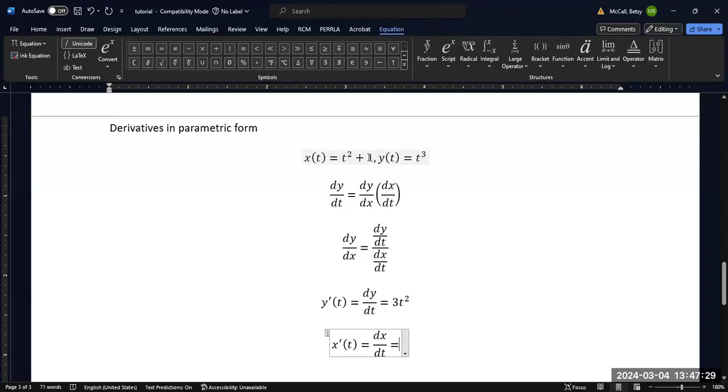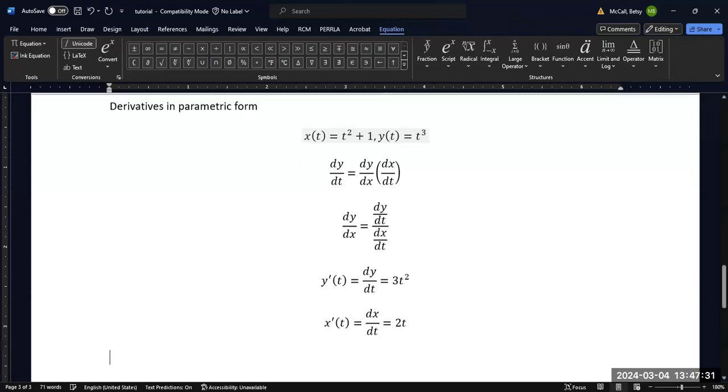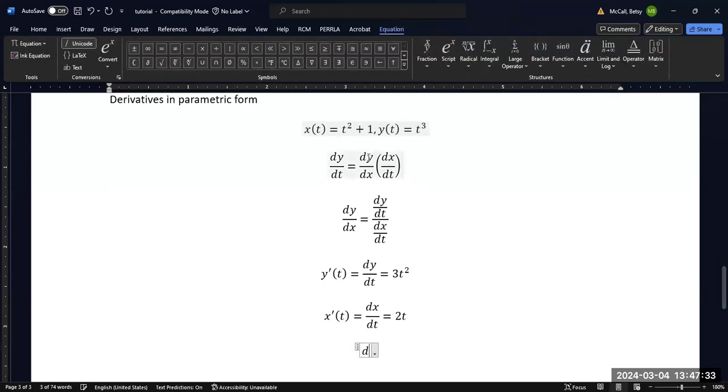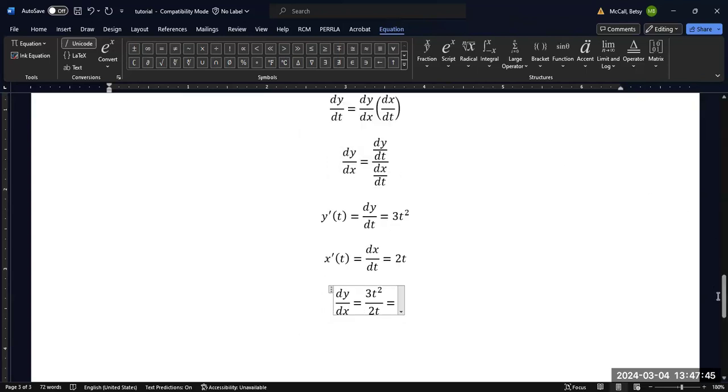We're going to take that derivative. We're going to get 2t. And so dy/dx is going to be 3t squared divided by 2t, which we can simplify to being 3/2 t.